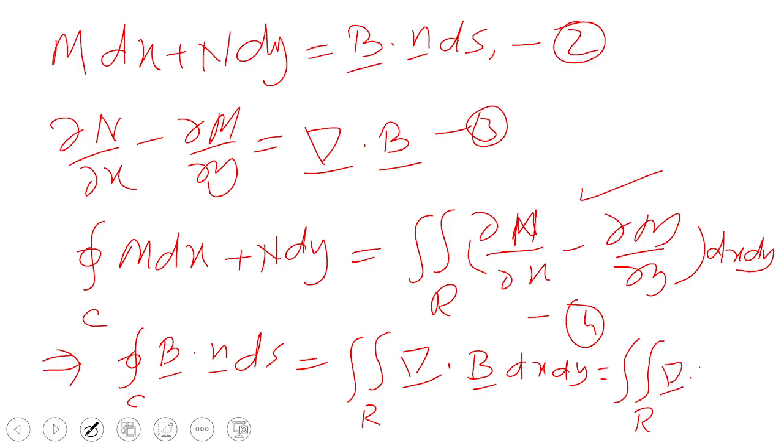So, divergence of B dr. So, this is the Green theorem in vectorial form.